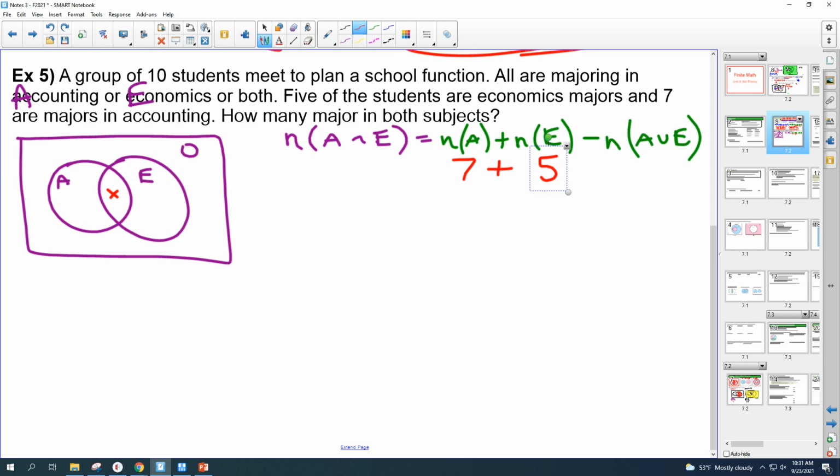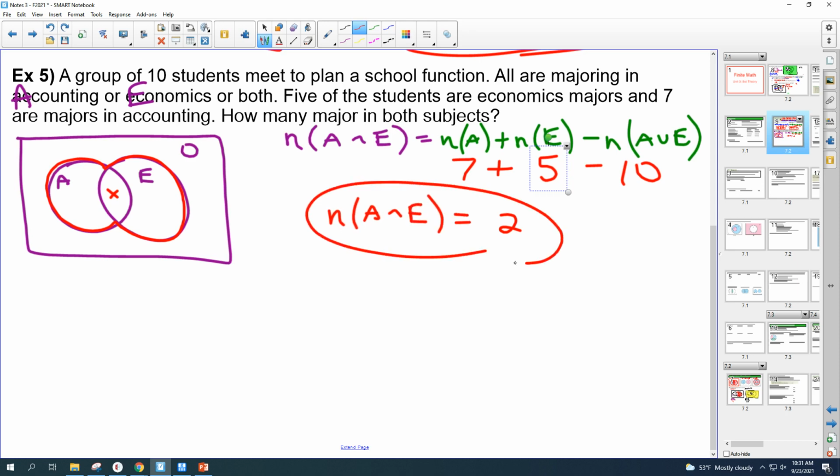And the group of 10 students that are all majoring in accounting or econ, that's like the dead snowman. That's one or the other. 10 are in one or the other, so that's this right here. You've got 12 minus 10 is 2. So the number in the intersection is 2.